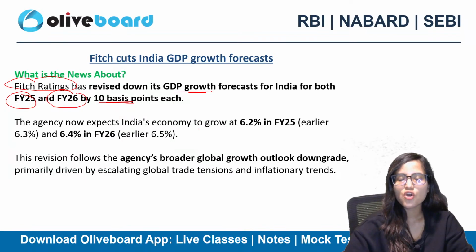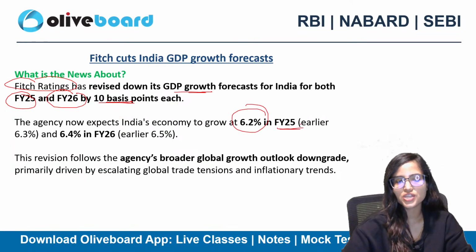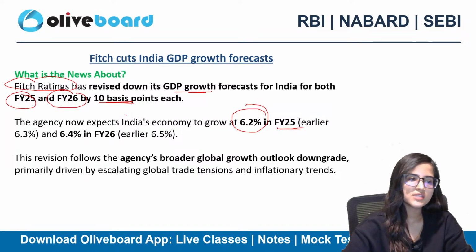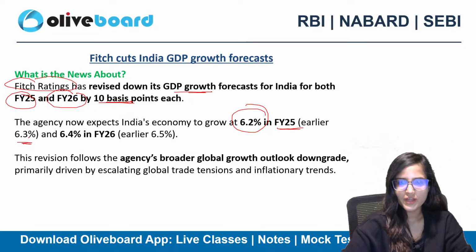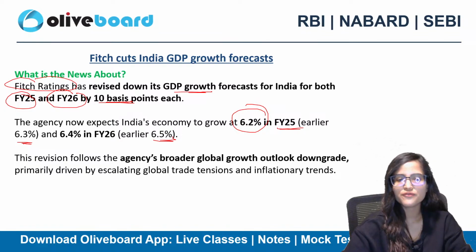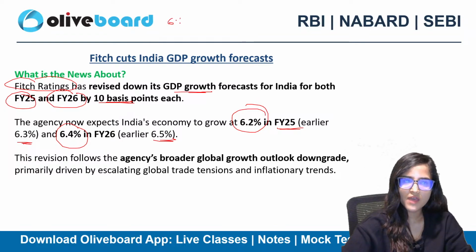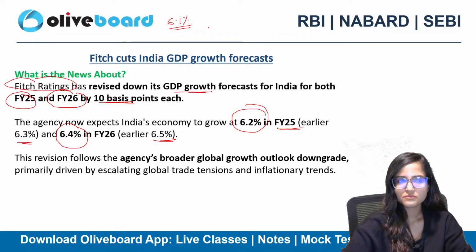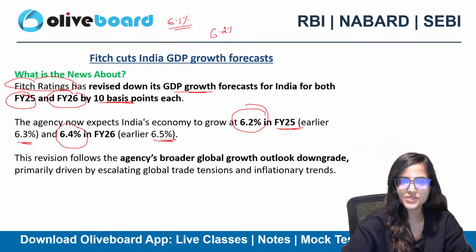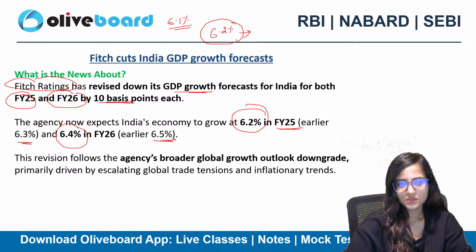So now India's economy, according to them, is going to grow at 6.2% in financial year 25. They had forecasted 6.3% for financial year 25 and 6.5% for 26. Now they have reduced it to 6.2 and 6.4%. So Moody's has revised it to 6.1%, Fitch to 6.2% for this current year.